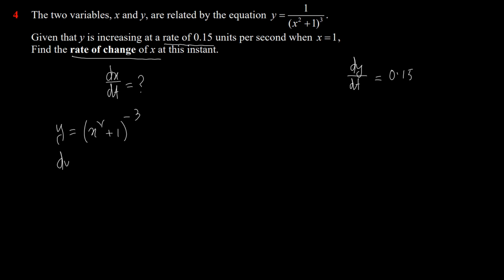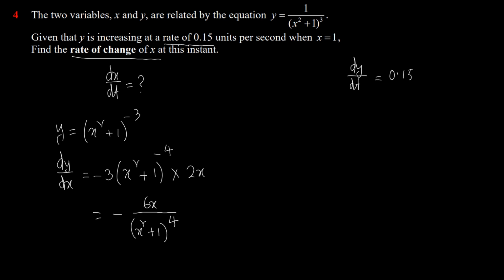Let me differentiate: dy by dx is minus 3 times x square plus 1 to the power minus 4, into, differentiating inside the bracket, 2x. So finally you can write minus 6x divided by x square plus 1 to the power 4. That is our expression of dy by dx in this equation.